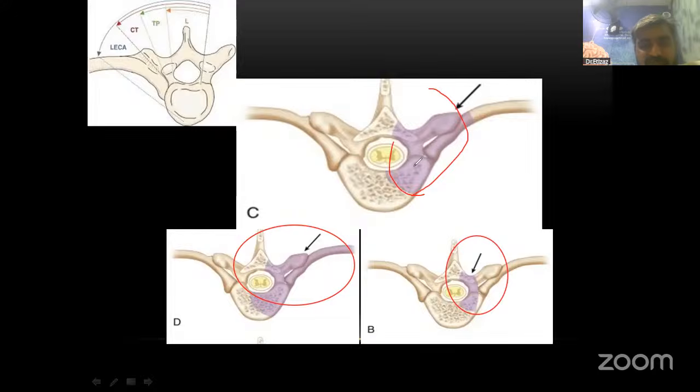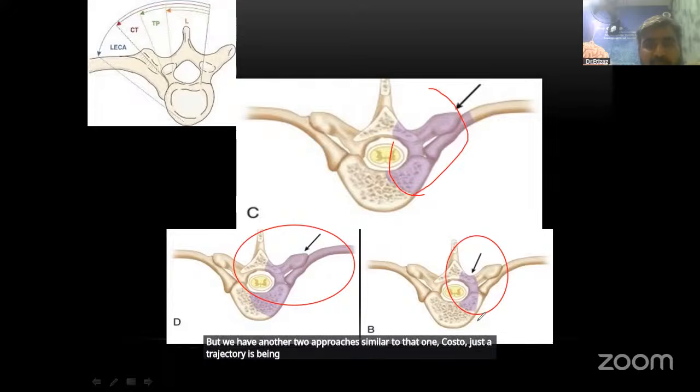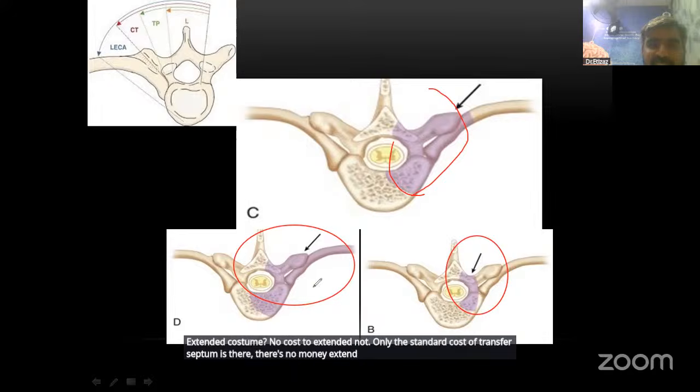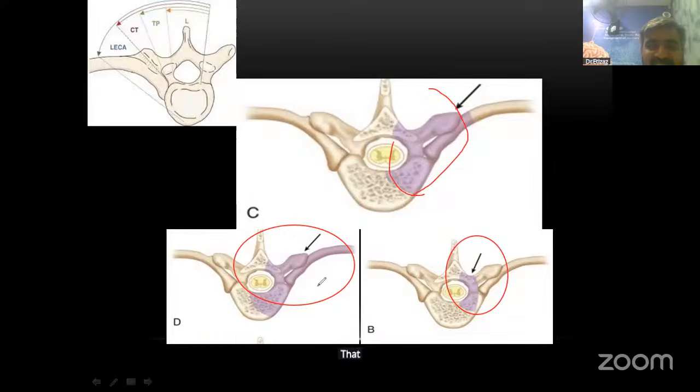We know that this is the costotransversectomy, but we have another two approaches similar to it, where just the trajectory has changed. Only the standard costotransversectomy is there. There is no extended one. If it is extended, it will be converted to this approach. That is the extended one, but it is not an extended costo. If you are not extending, you are limiting here, this is this approach.